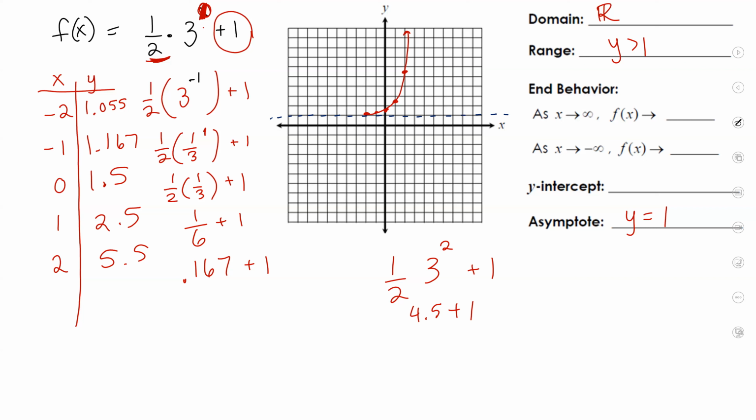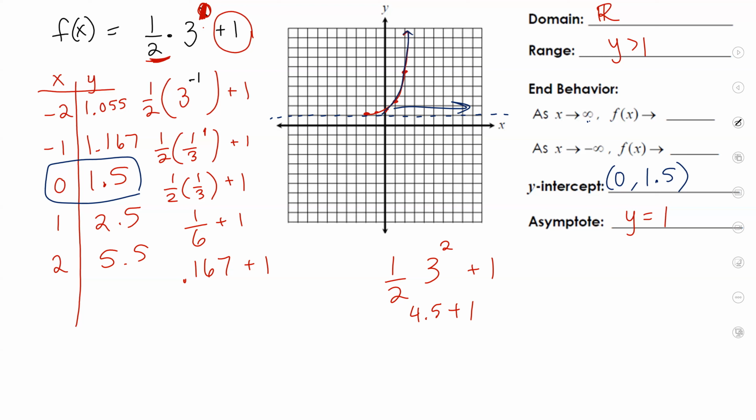All right, so let's answer the end behavior. Well, what's my y-intercept? Yep, right here. My y-intercept is (0, 1.5). Okay, and let's talk about the end behavior. As x goes to infinity, so as we travel to the right, what's happening to our graph?